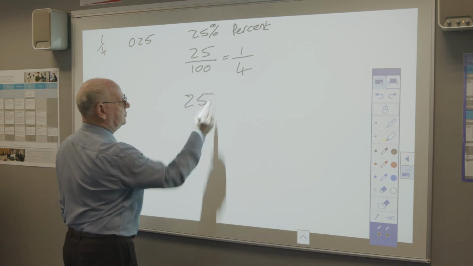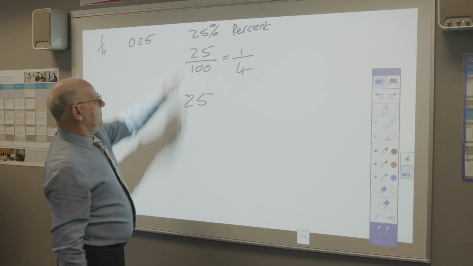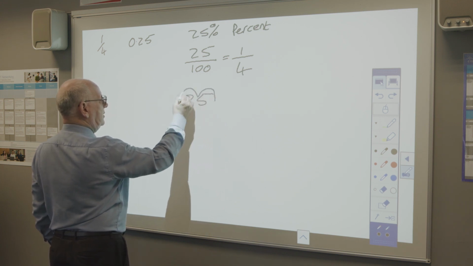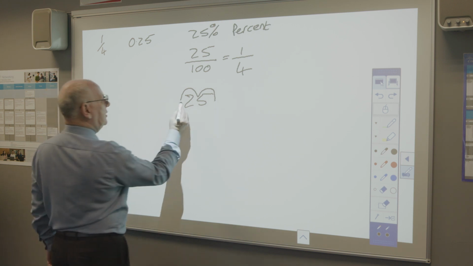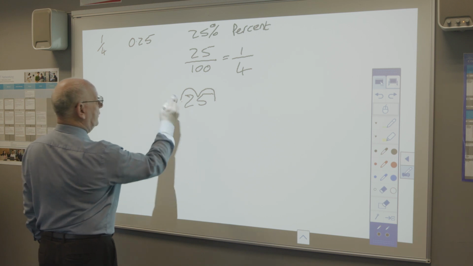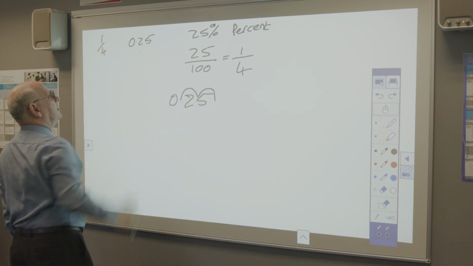There's your decimal point. You multiplied by 100 to get there, so divide by 100 to get back. Moving the decimal point to the left will divide. So your decimal point ends up in front of the 2. You can put a 0 if you want to. So you're now back from the percentage to there.